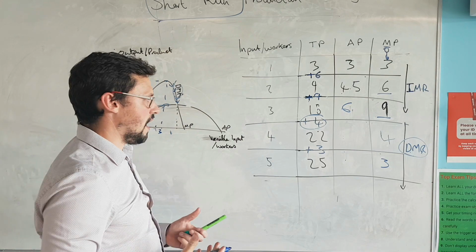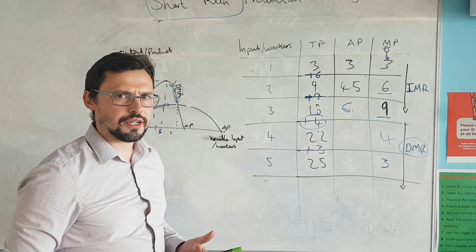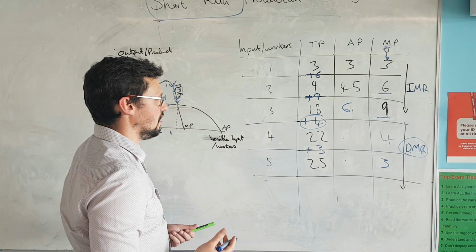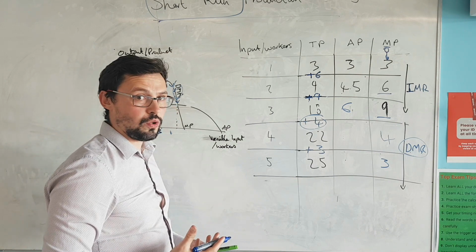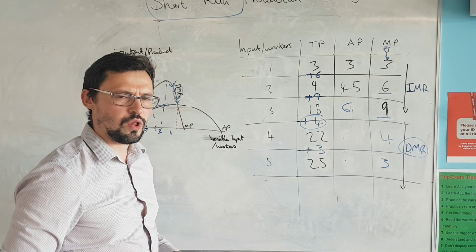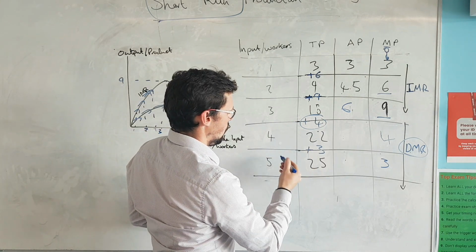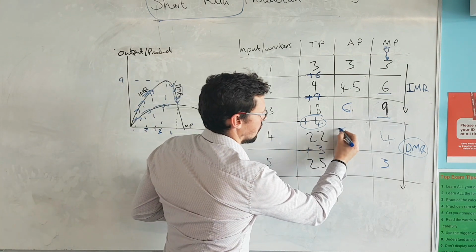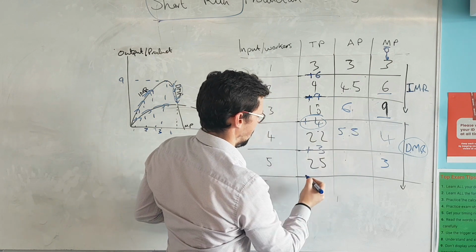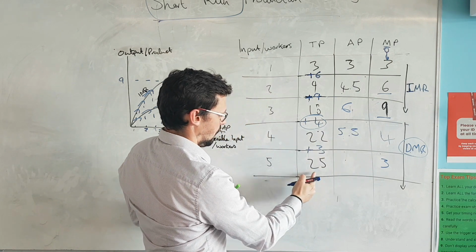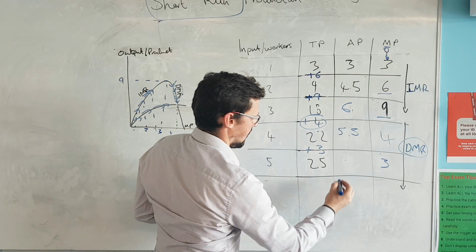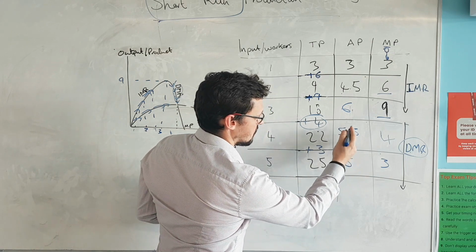So how's that going to affect the average product per worker? That's going to mean that our average should start to fall. If each worker is adding less to the total, we've got more workers, it should start to fall. So our total is 22, divided by 4 should give us 5.5. 5th worker, 25 divided by 5 is now only going to give us 5. So that is dropping.